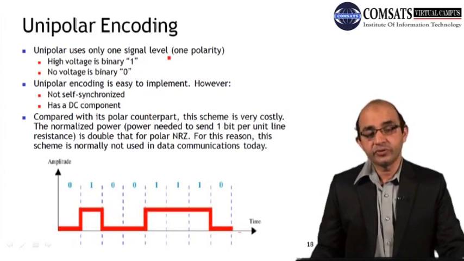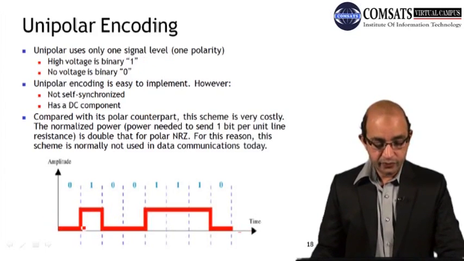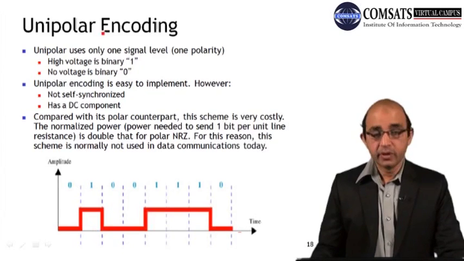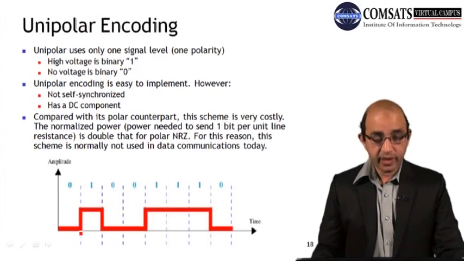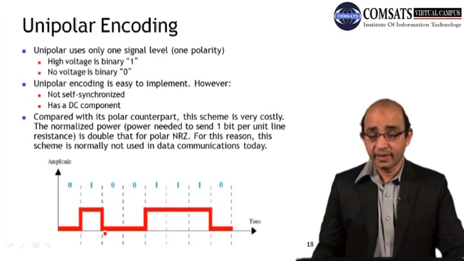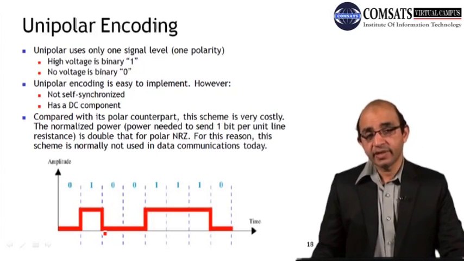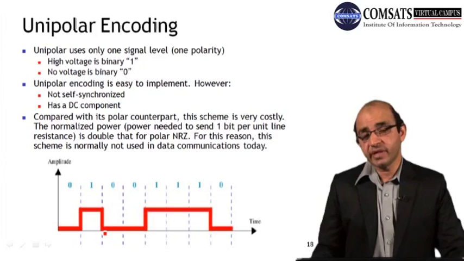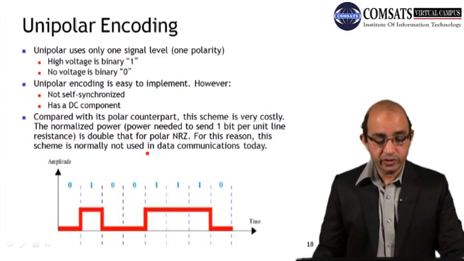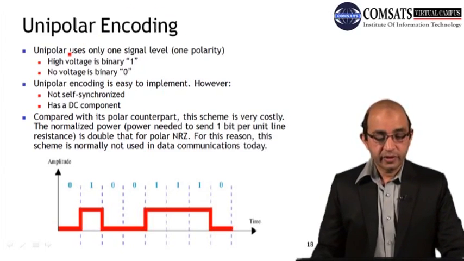If we have to use negative, we can also do that. High voltage is binary 1, no voltage is binary 0. So if we are at 0 level, it means 0, and high voltage is 1. There should be understanding between sender and receiver when we use this sort of representation or encoding.